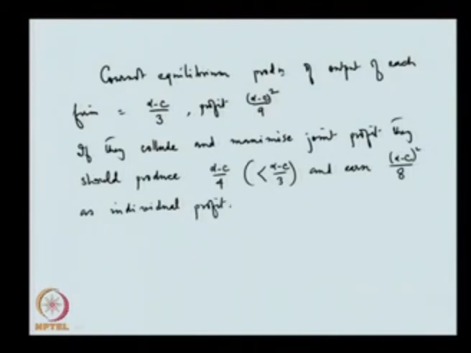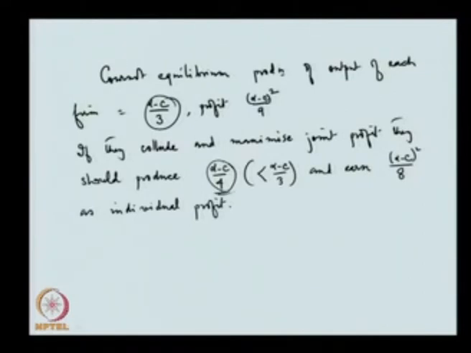So, it turns out that when they are not colluding and acting as individual players, then they are producing more, alpha minus C divided by 3, compared to the case when they collude, because when they collude and maximize the total profit, they produce alpha minus C divided by 4, which is less.